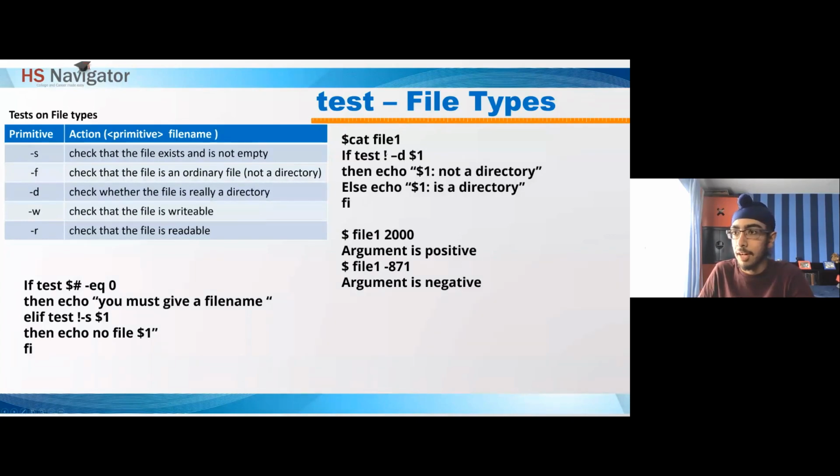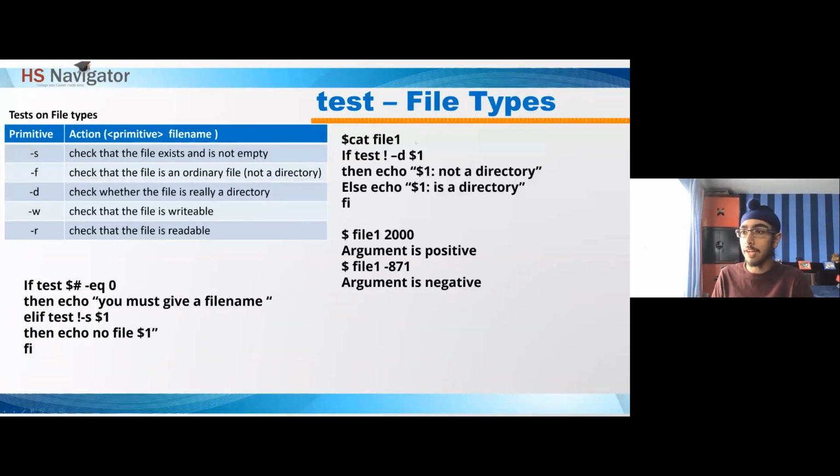So is it not a directory? And $1 is not referring to the variable one, but to the first argument that you pass in, because remember we said you can pass in arguments to shell programs. So say you run file1 with string.txt.